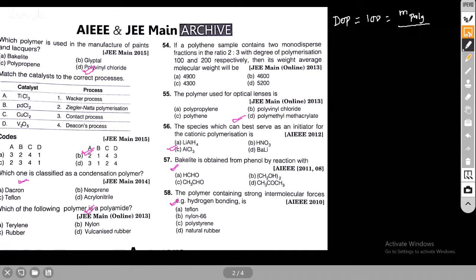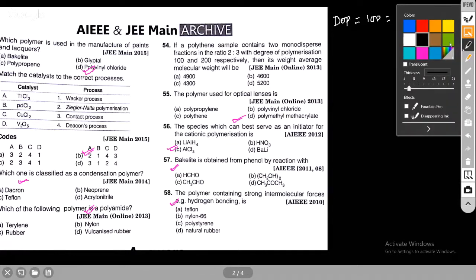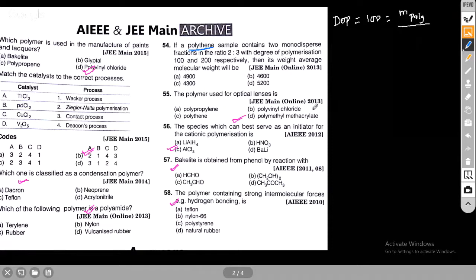The monomer is polythene, whose mass is 28. So mass of polymer 1 is 2800 according to this data.